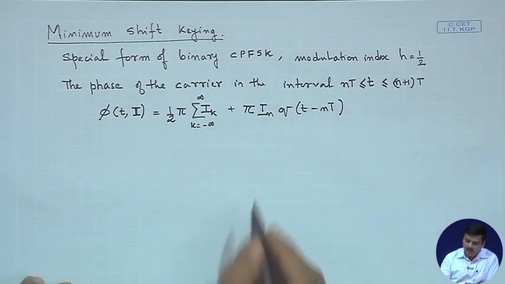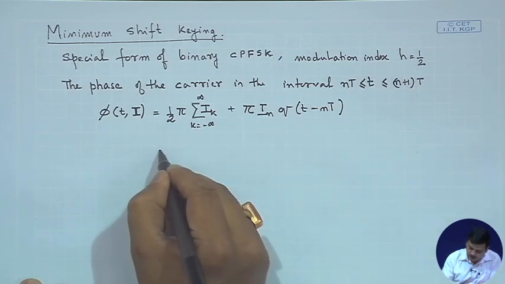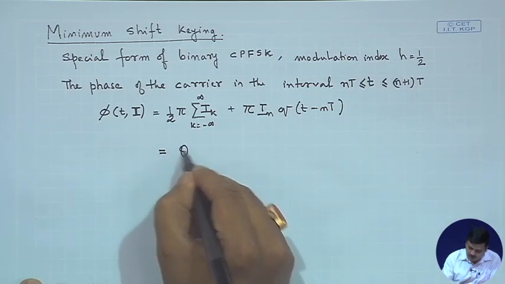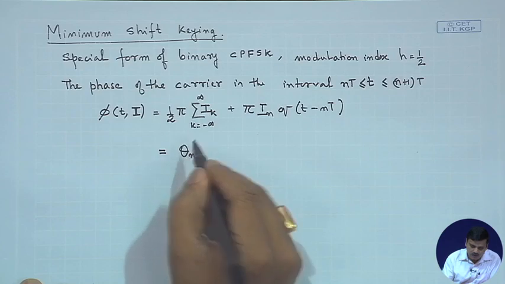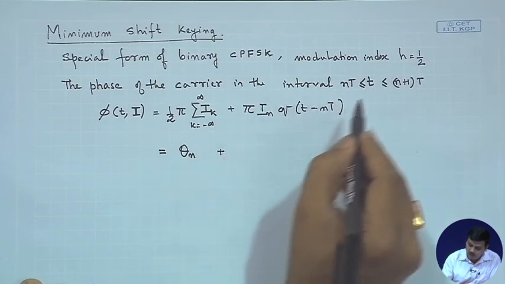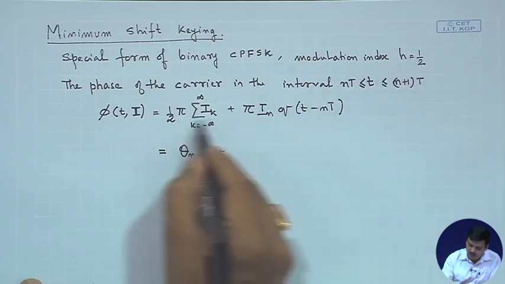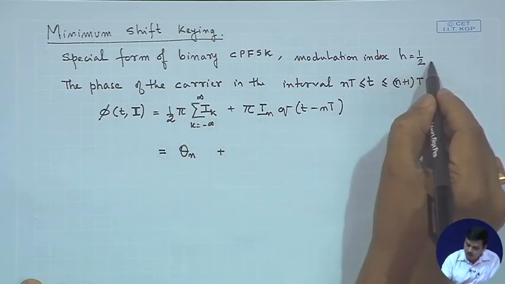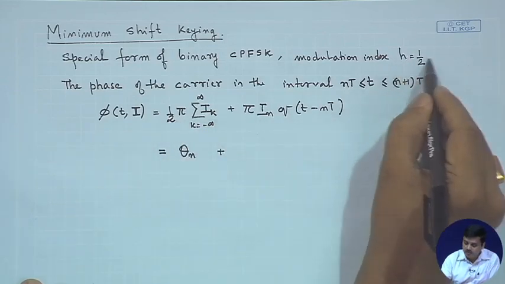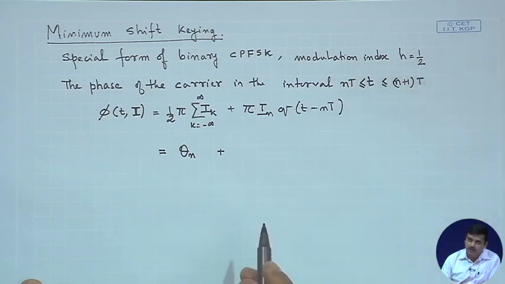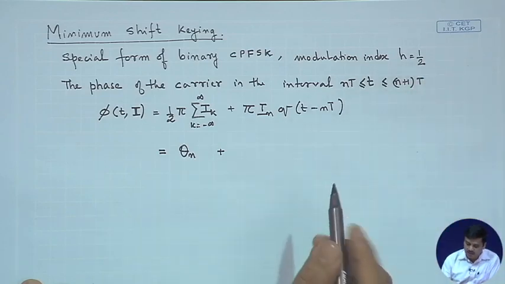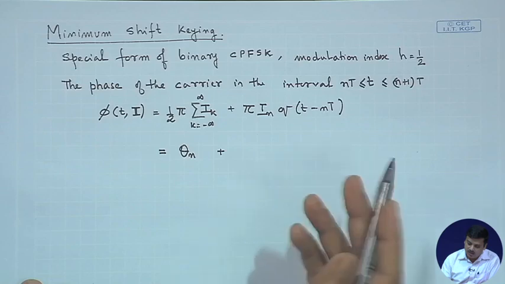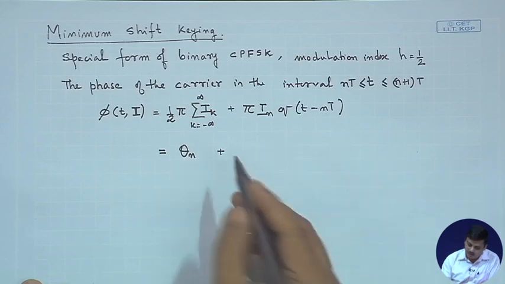We defined all these terms in the earlier lecture, and we could write this as theta n, which is the accumulation of the memory. We have of course put h equals half, that is why you do not see f d anywhere, and h is equal to 2 f d T, if you would remember. So, 2 f d T is equal to half, that means f d T you could easily get as 1 upon 4.